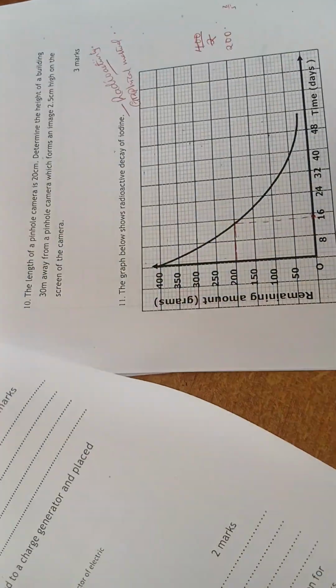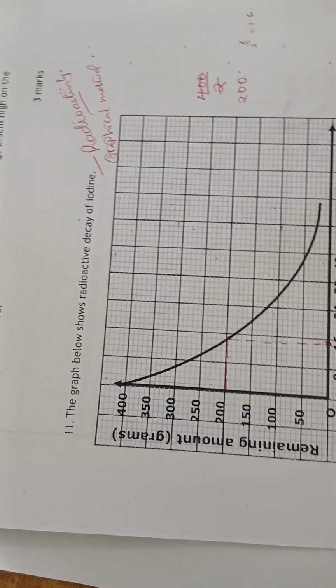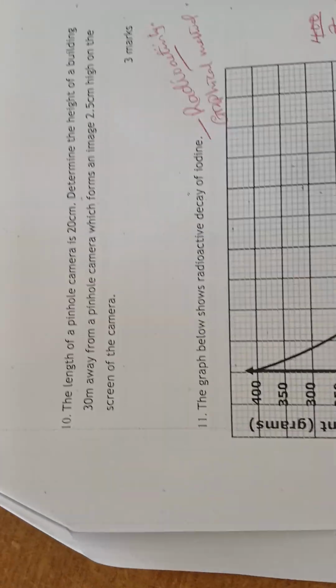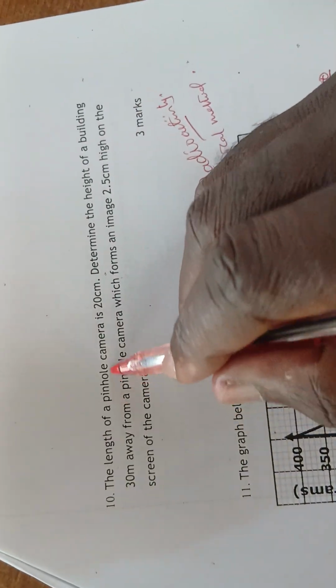That's the question. Again, on the same part, you can still be given a question which looks at reflection, a question in Form 1 of the 8-4-4 system, where the length of a pinhole camera is 20 centimeters.